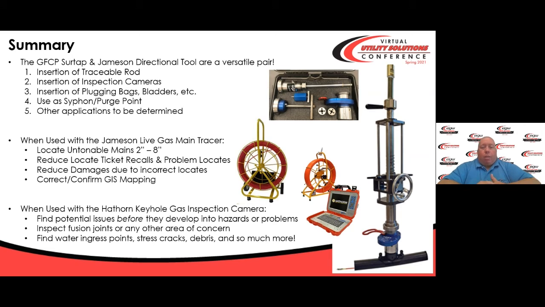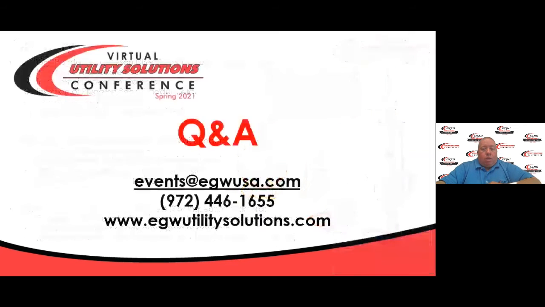When you bring the Hathorn keyhole gas camera into the game, like we showed you, you can find potential issues before they develop into hazards or problems, such as inspecting fusion joints and any other areas of concern. You can find water ingress, stress cracks, debris, and so much more. So with that, I've reached the end of my presentation and I would love to answer some questions for you.